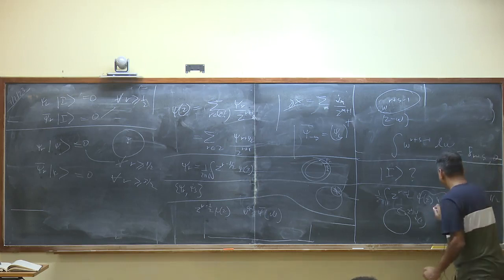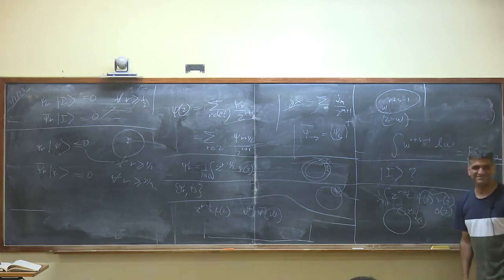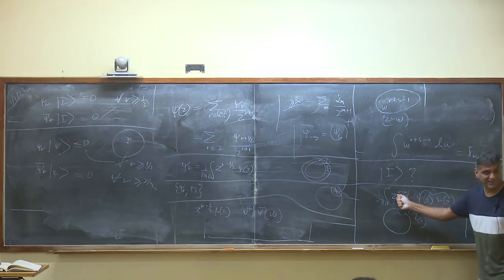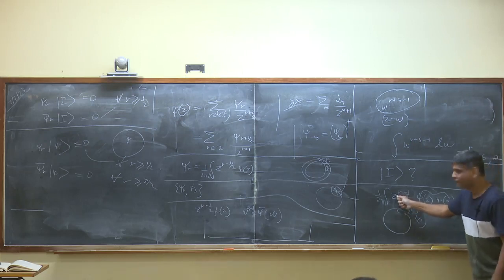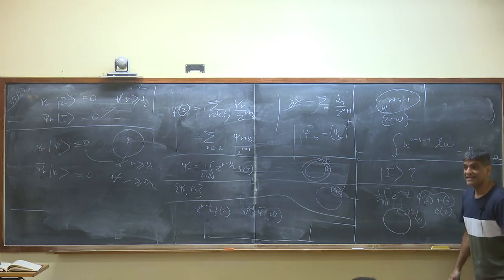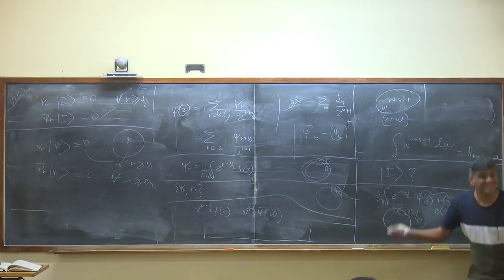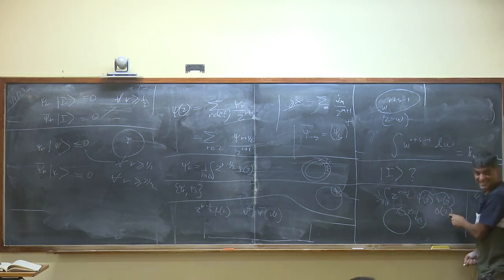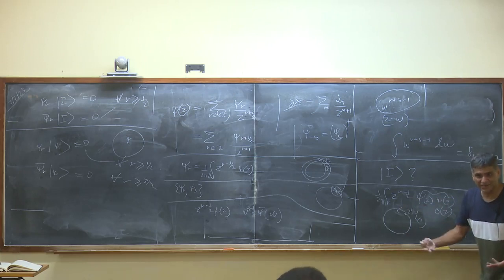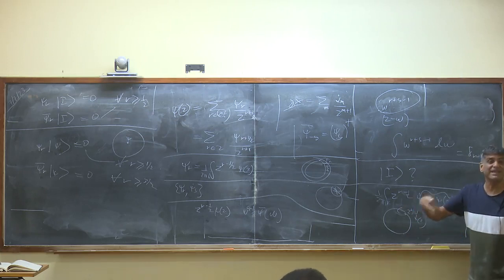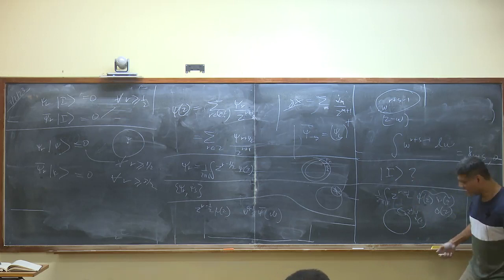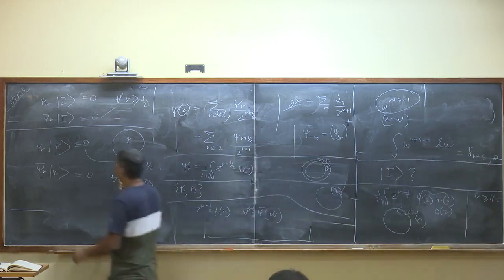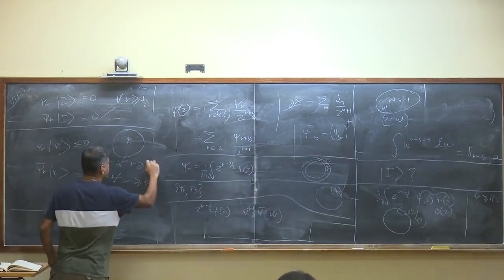This thing is order z. So not only is it true that this vanishes for r greater than or equal to half, it's in fact true for r greater than or equal to minus half. Because the 1 over z here will cancel the z here. So the first non-analytic term will come from r equals minus 3 by 2. So actually here, we got that this was equal to minus half.